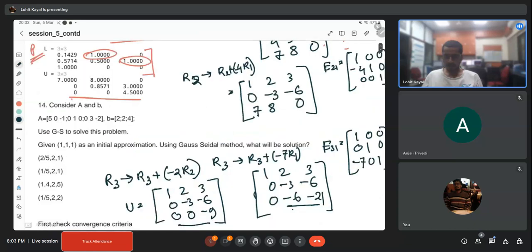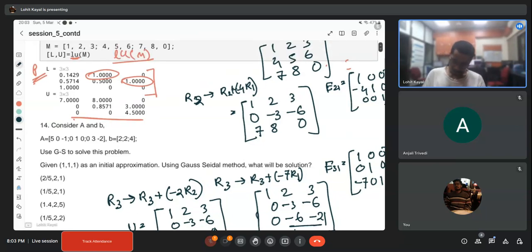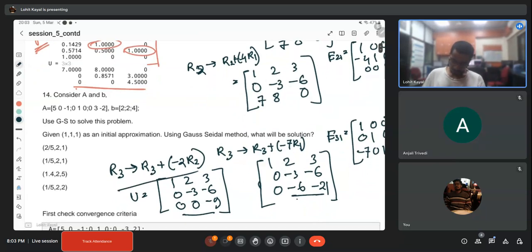Similarly, using the same procedure, we can calculate E21 inverse, E31 inverse, and E32 inverse, and you just need to put the signs in their corresponding positions, and you will get the L matrix. But the thing I want to show you is this matrix and this matrix.